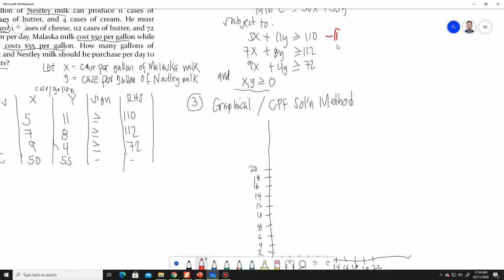So this is equation 1, this is equation 2, equation 3. When we substitute x is 0 in equation 1, y is equal to 10. When we substitute y is equal to 0, x is equal to 22.